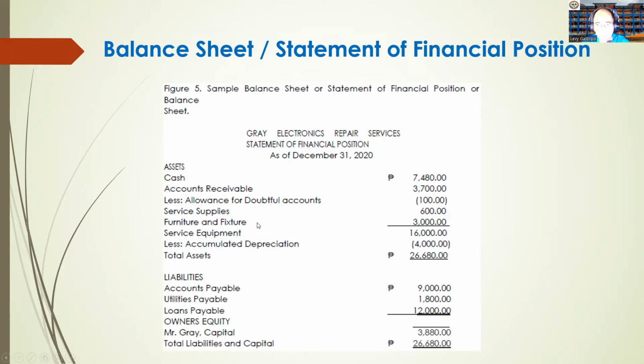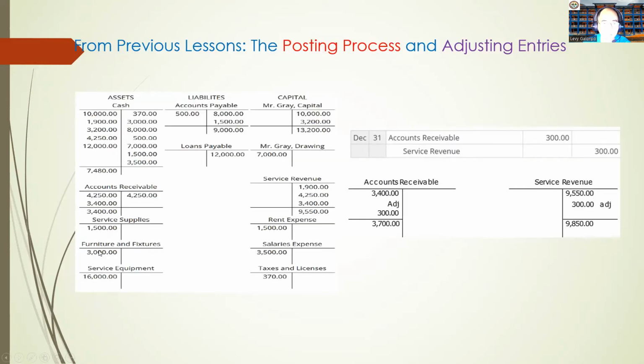Tapos yung service supplies, 600 supplies. Ayan, 1,500 dito kasi meron niyang adjustment na naman. Diba? Natatandaan nyo? Yung actual na naggamit doon sa service supplies. Ang, diba, ginamit nating account titles dyan para sa debit credit ay service supplies at saka yung supplies expense. So, nagkaroon tayo ng adjustment dyan.